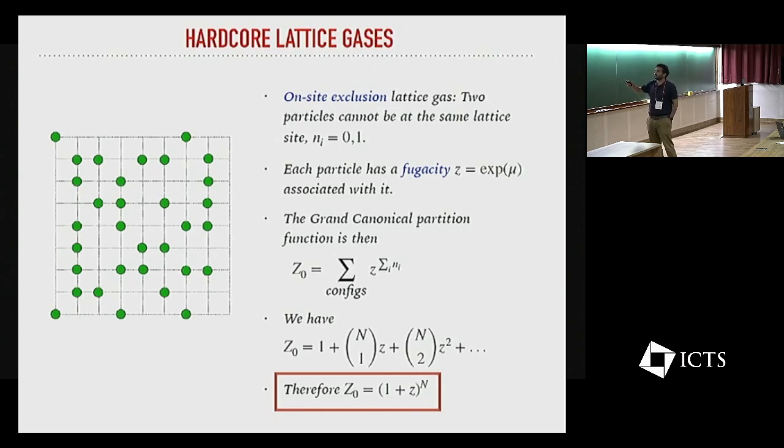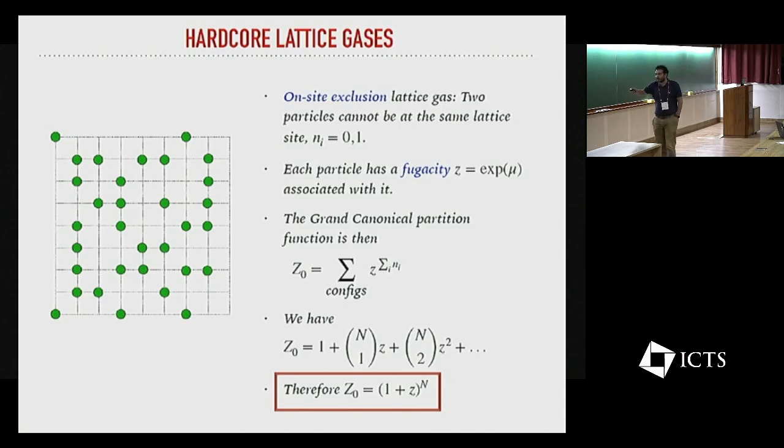For this very simple on-site exclusion lattice gas, you write down the grand canonical partition function as the summation over all possible configurations with the fugacity to the power of the number of particles in that particular configuration. So we can write it down: Z_0 is 1, which is a completely empty lattice.